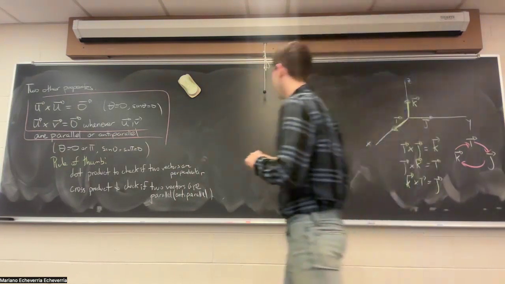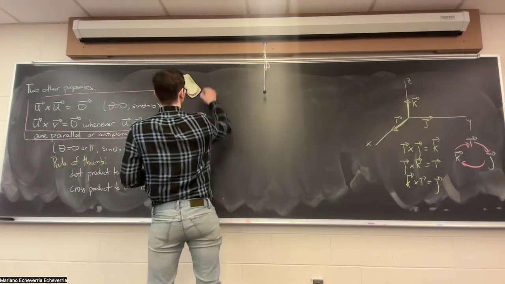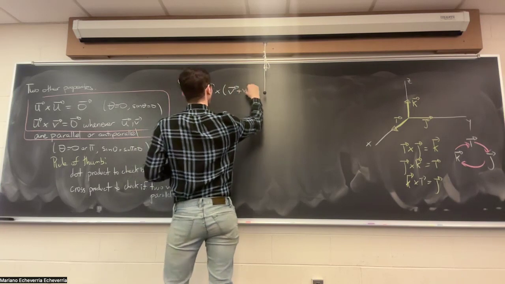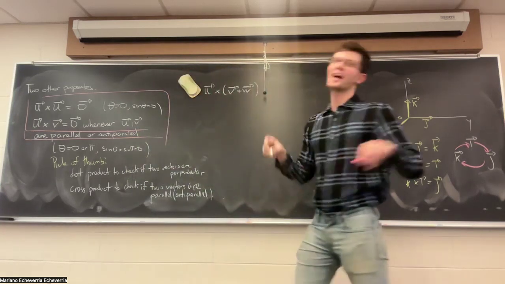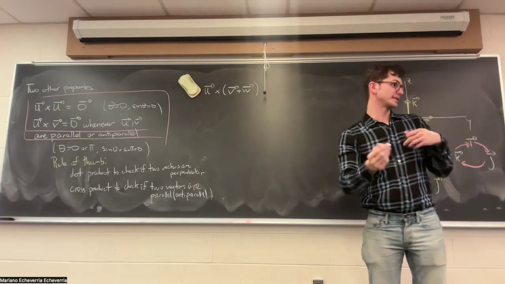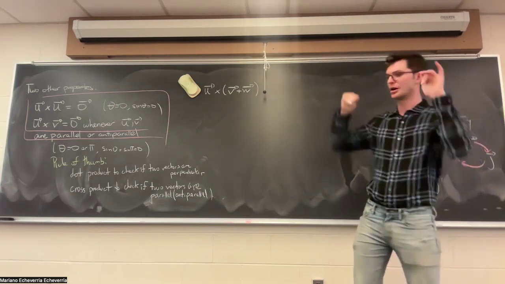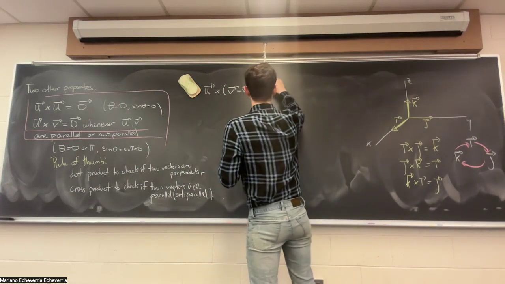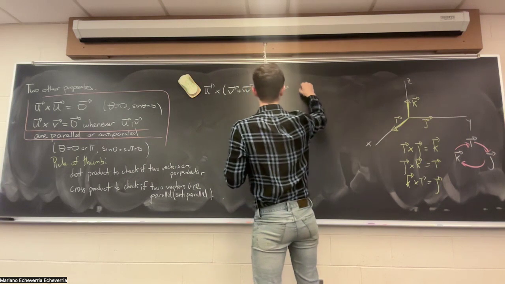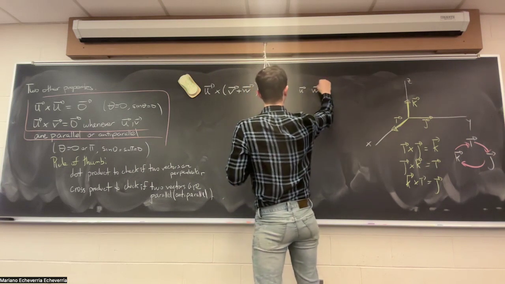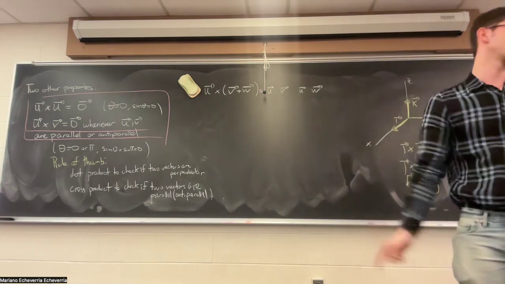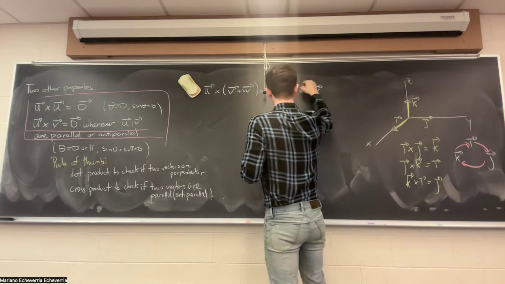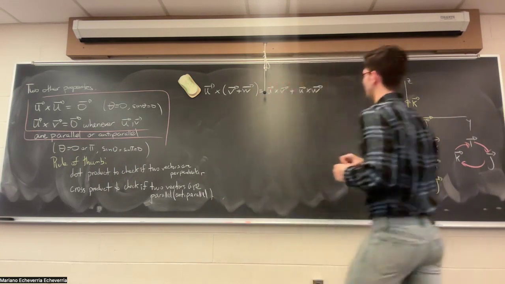And the other one is that if you have U cross (V plus W), this continues to work the same way as with the dot product. You can do the separate multiplications, U with V and U with W. But the important thing is that since the left-hand side has a cross product, the right-hand side needs cross products as well.